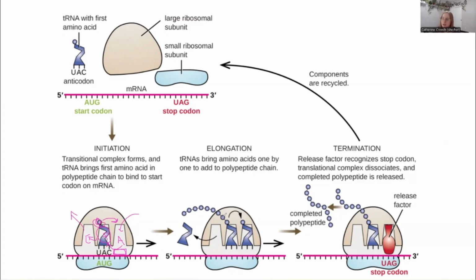Here's a visual of it. I have my growing polypeptide chain right here. I'm going to add one more. To add one more, I'm going to take this polypeptide chain, and I'm going to attach it on top of this amino acid that was just added to the A site of the large subunit of the ribosome.